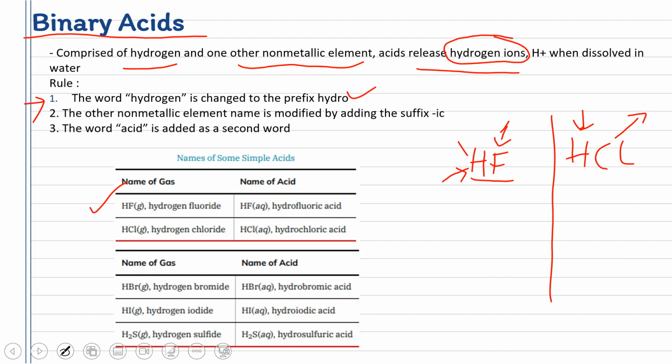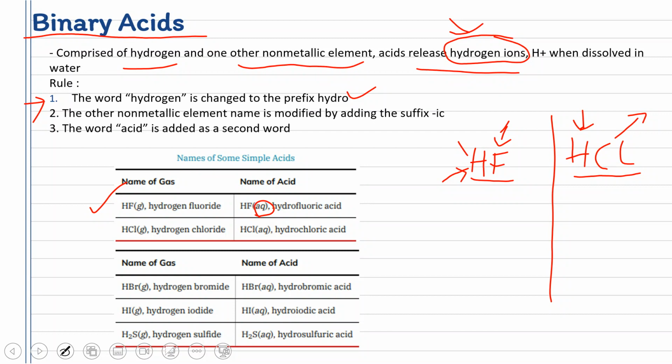So when this gas is dissolved inside water, it becomes an acid. Why? Because it's going to release hydrogen ions. Now anything that is dissolved in water, you're normally going to see this symbol AQ. Anytime you see AQ written by a compound, it means aqueous. Aqueous simply means dissolved in water.